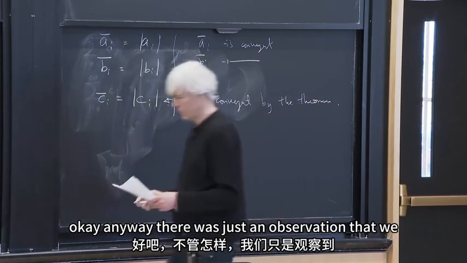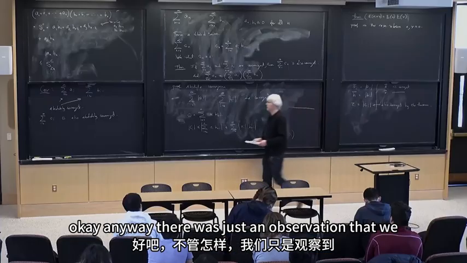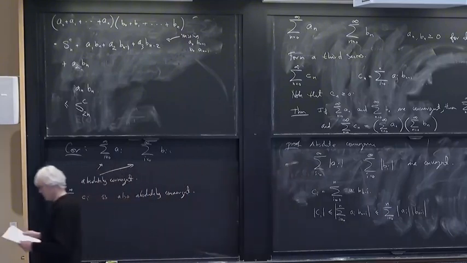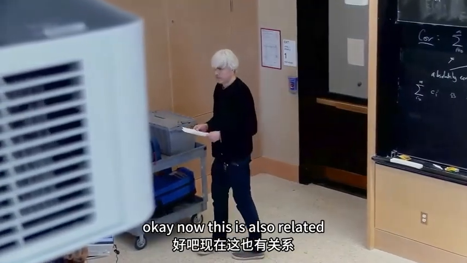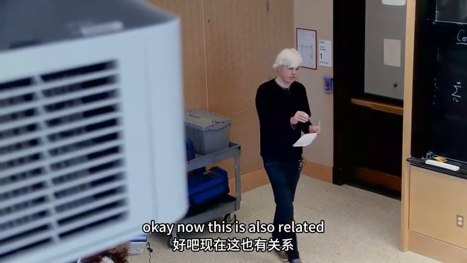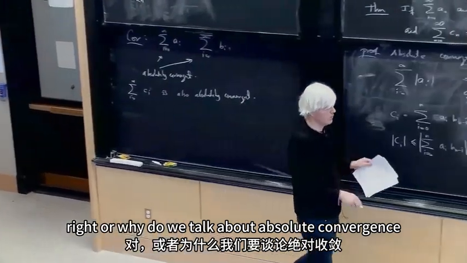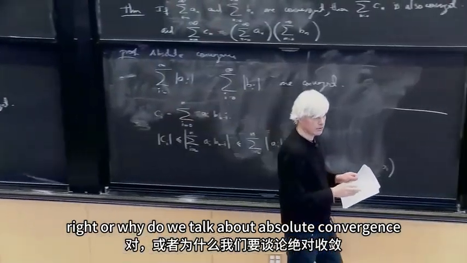Anyway, that was just an observation that we're getting this sort of statement out of it. Now this is also related. Why do we have non-negative here, or why do we talk about absolute convergence?